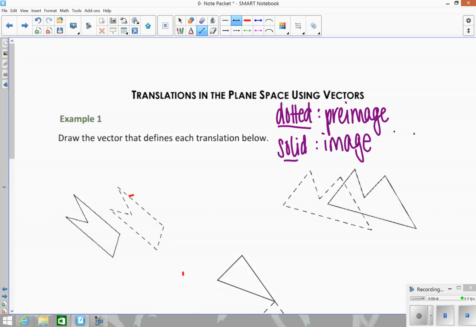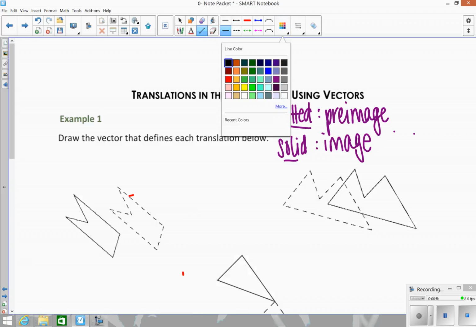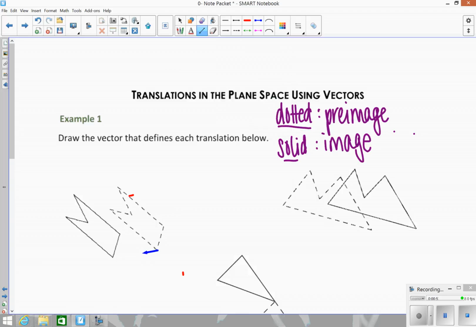So when we draw in the vectors, starting at the pre-image, the dotted, we want to look at, okay, so if I start at this point here, where does it go? It ends up right there at that point. Same thing with this, it's going to end up at this point. And I want to actually connect all of these vectors because I want you to see the properties of them.